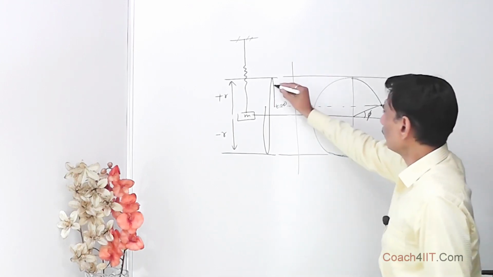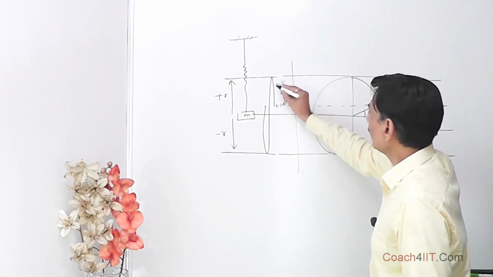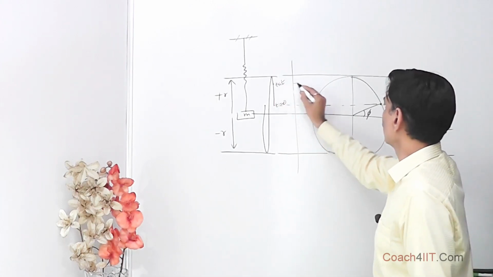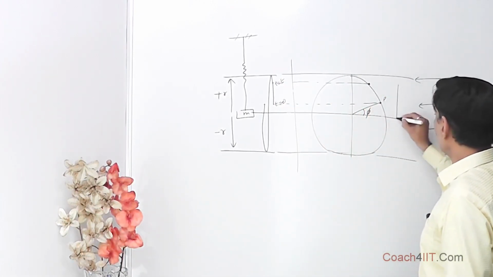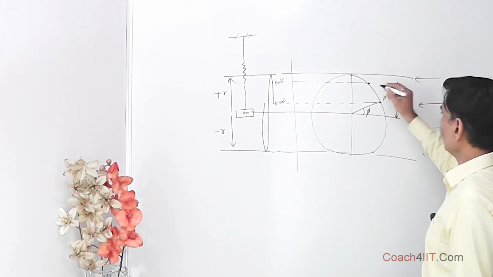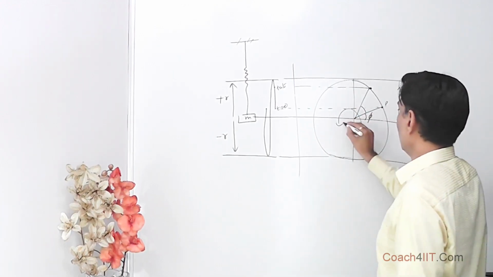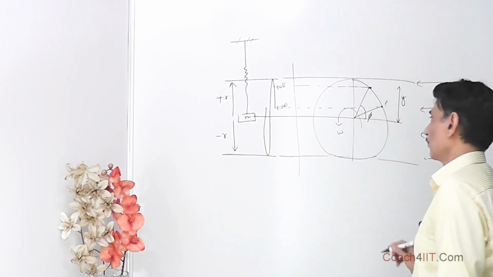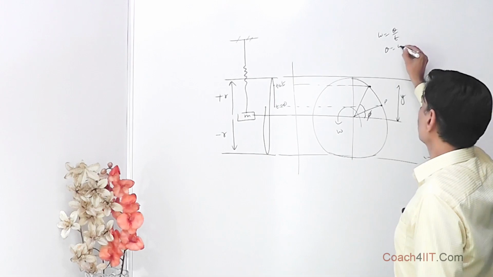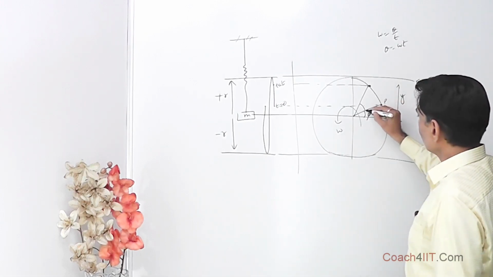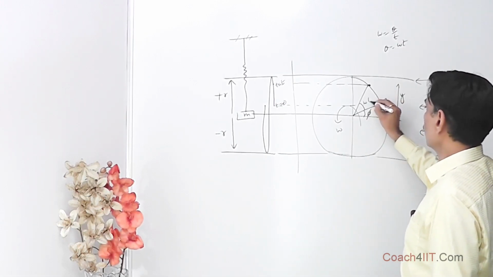Suppose at t is equal to t, it is over here. So from here to here, if we see this is y, and it is moving with angular velocity omega, this particle is moving in a circle of radius r, then we know omega is equal to theta by t. So theta is equal to omega t. So in time t, this will subtend an angle omega t.